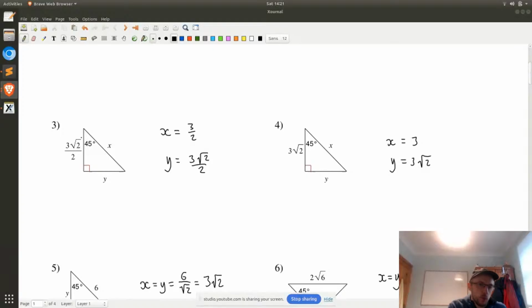If that's 1, then that's scaled up by root 2. So yes, I'm not clear about that. Oh my goodness me.